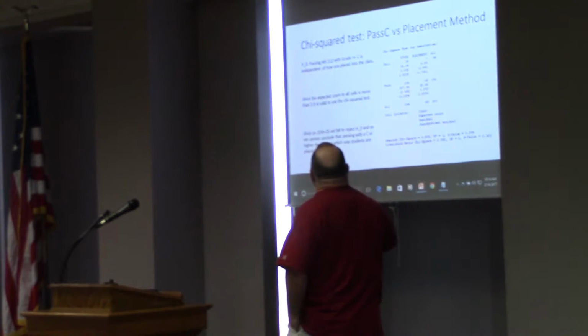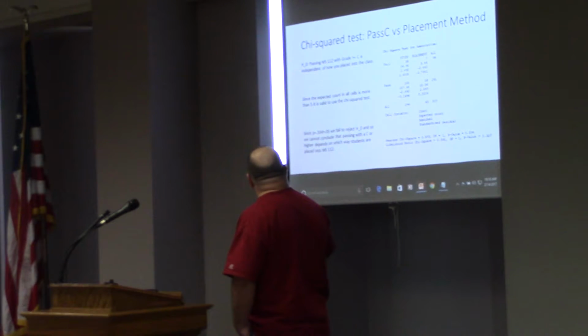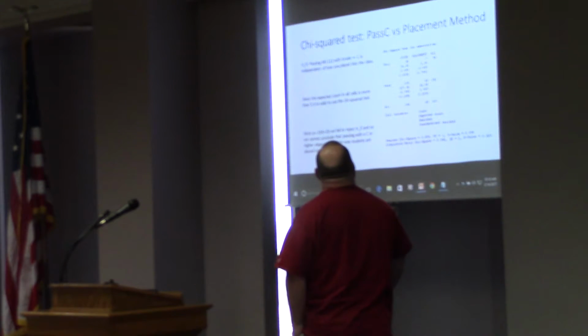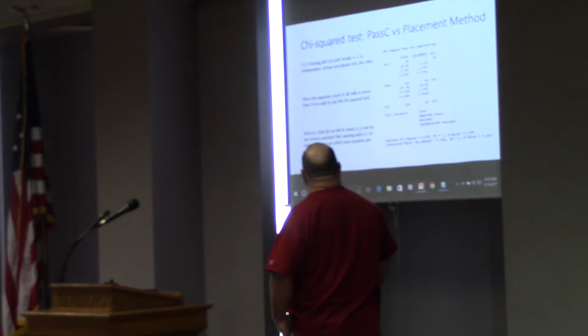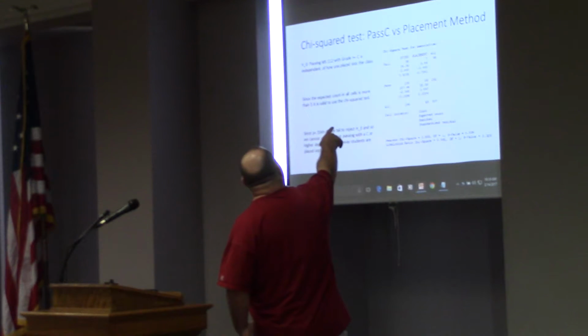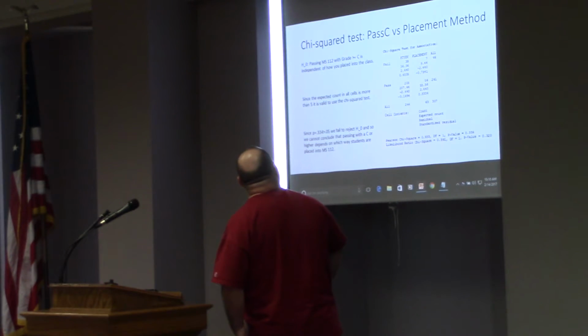Right here we're checking to see if passing with a C depends on the placement method. The null hypothesis is that passing 112 with a C or greater is independent of how you placed in there. We can see that 39 students got into the class through the study path and failed, and 7% failed that got there through the placement test.